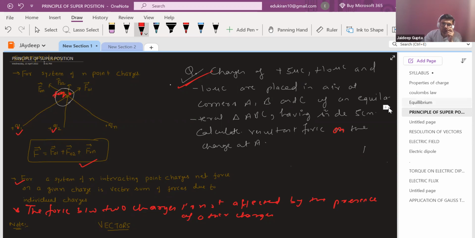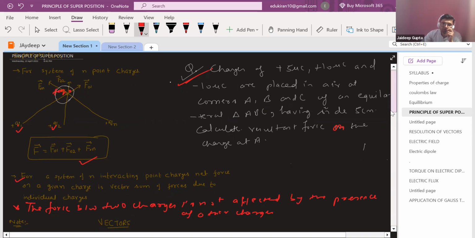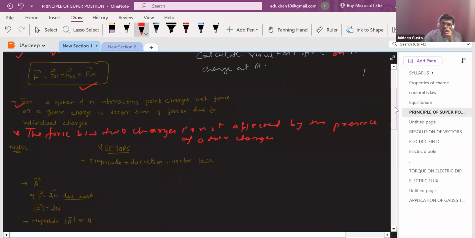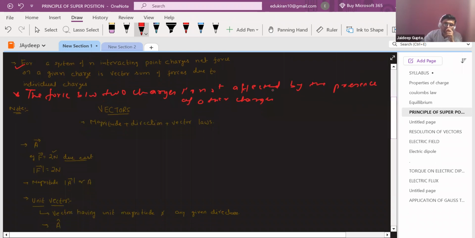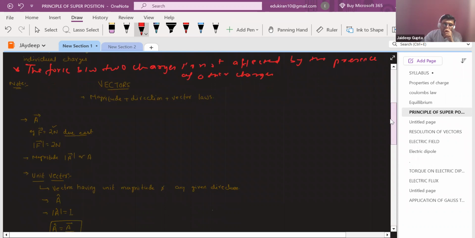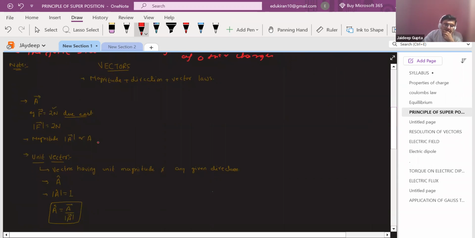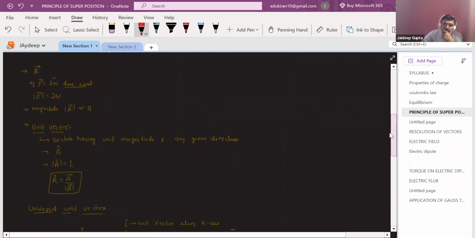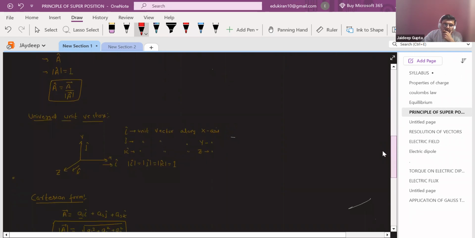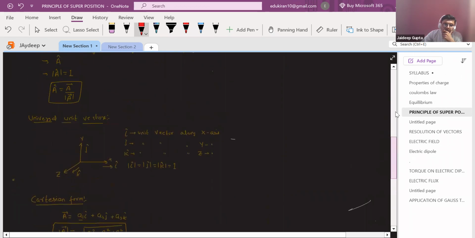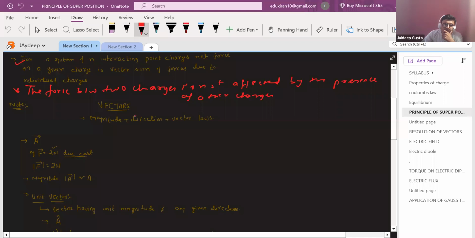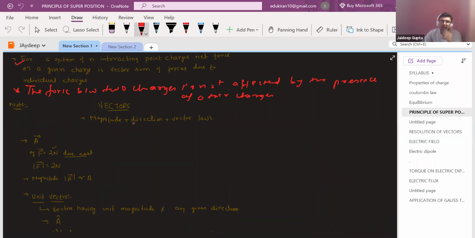Yes. Okay, before that, first of all, go through the vectors. So, what is a vector quantity? It has magnitude and direction, plus the vector law of addition, that is the triangle law and parallelogram law.